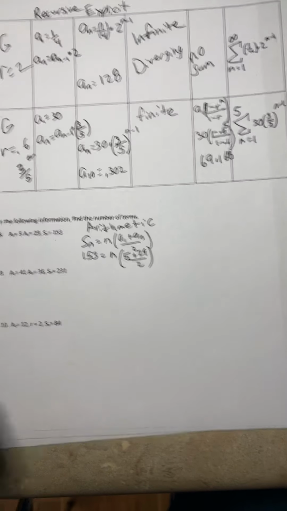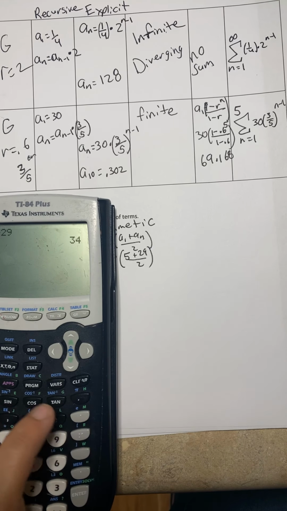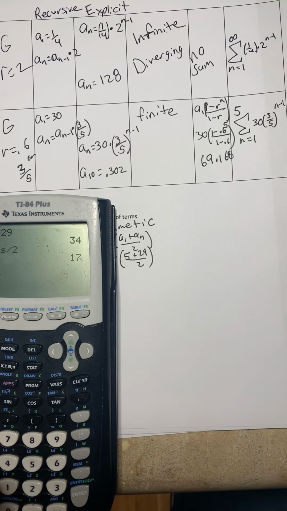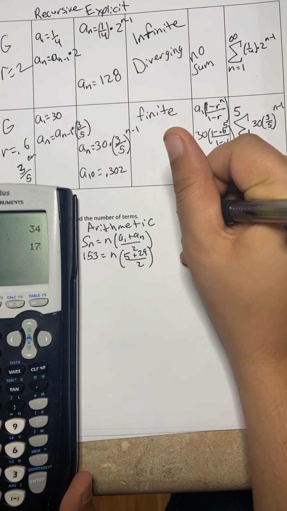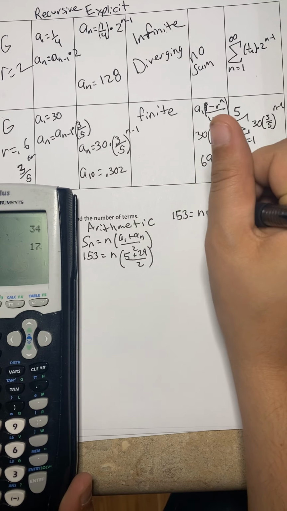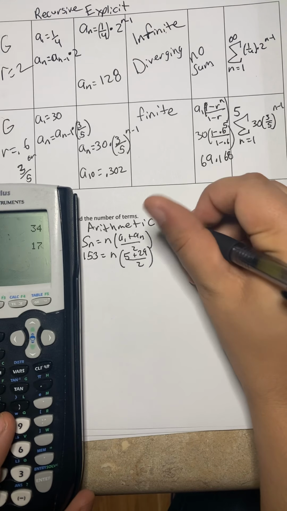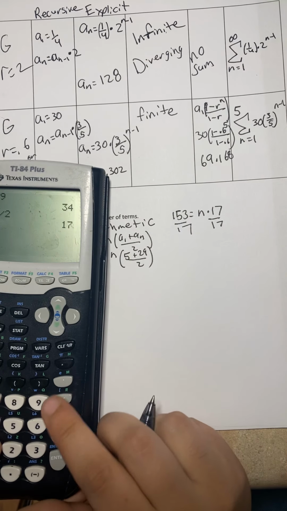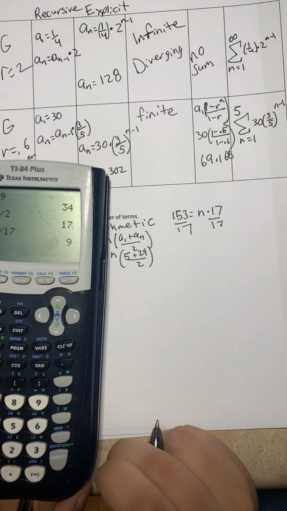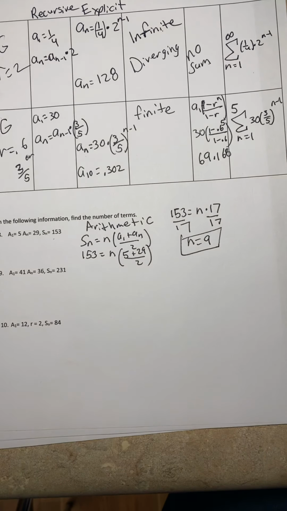I always simplify what's inside the parentheses first. 5 plus 29 divided by 2 gives me 153 equals n times 17. The last thing to do to solve for n is divide by 17, which gives me n equal to 9. So there are 9 terms in that series.